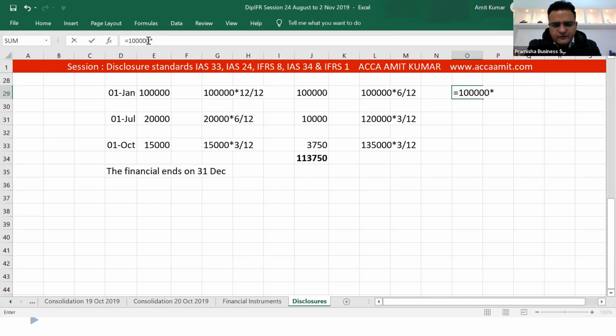100,000 was in existence for the first 6 months, 120,000 in existence for the next 3 months, and 135,000 in existence for the last 3 months. If there is a treasury stock, the number of shares reduces. In whichever month it reduces, we simply need to take that into account, that they were in existence for this period.